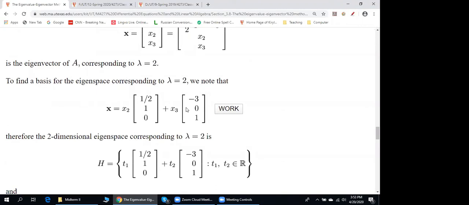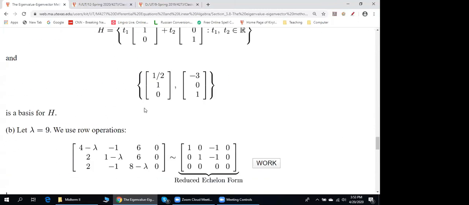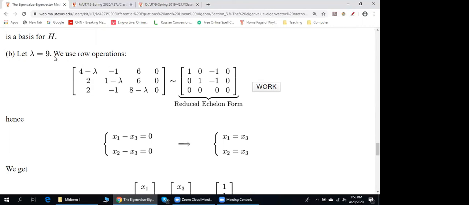Therefore, we are able to create two linearly independent solutions for lambda equal to 2, and then lambda equal to 9 gives us independent solution number 3, and we are good. We have 3 linearly independent particular solutions of our system.